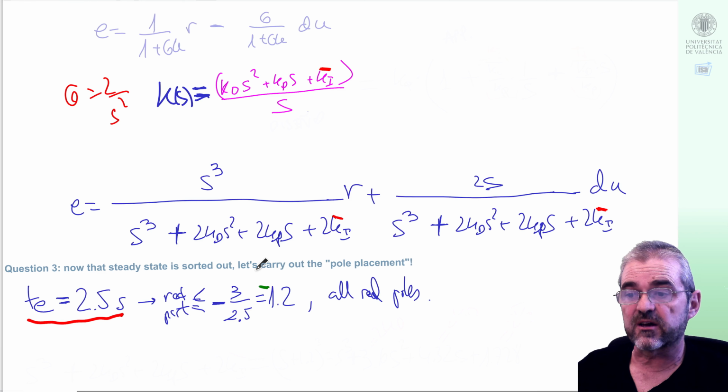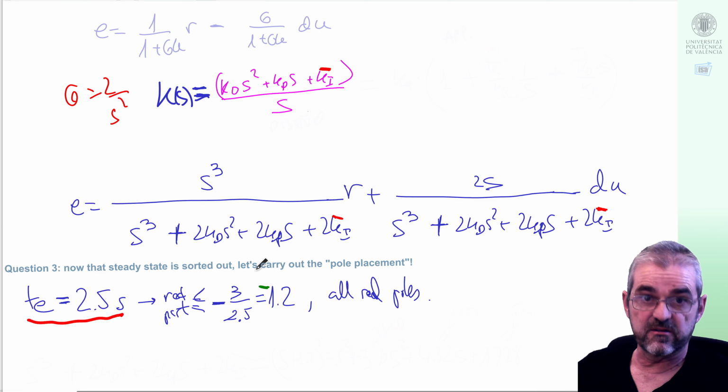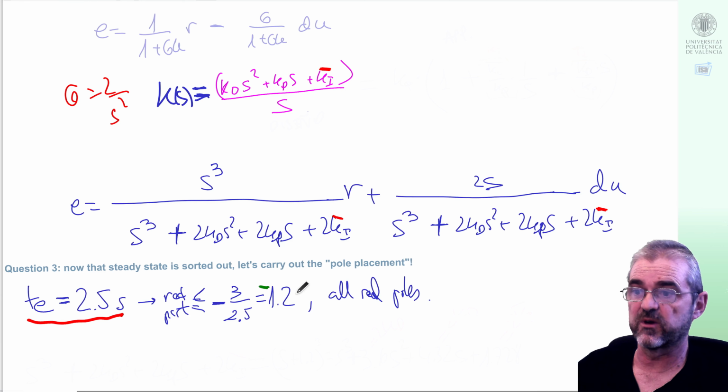Those issues are not usually considered in first courses, in which you apply the first order formula and then you can fine tune later on, as we will do later on. Well, the thing is that we wished this real part of my poles, and I was requested to have a non-oscillatory transient, so all poles must be real.